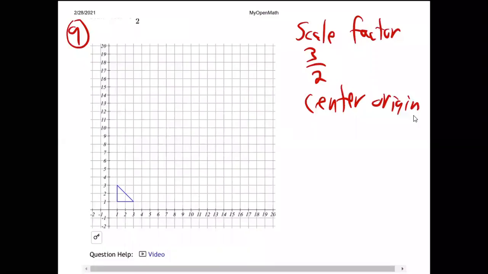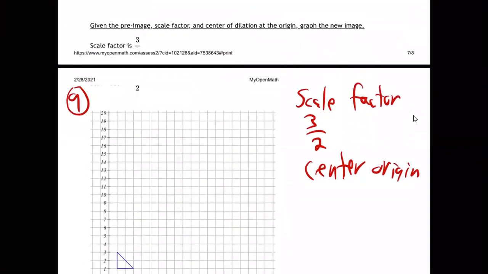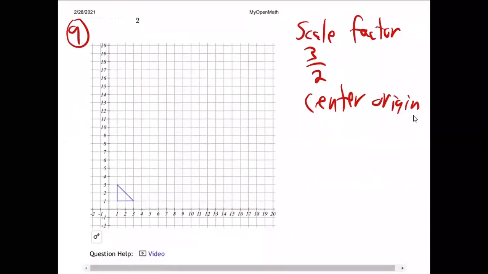Okay, so this one asks us to do a scale factor of 3/2. Now, 3/2, what I would do right away is just use my calculator. I would go 3 divided by 2, 1.5.